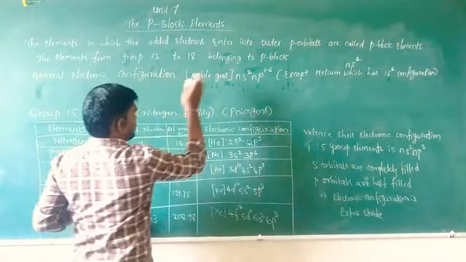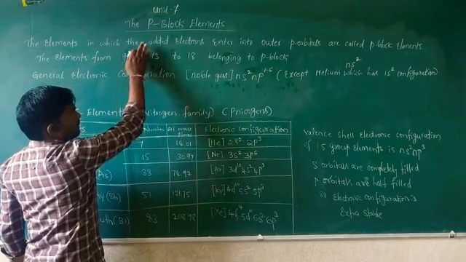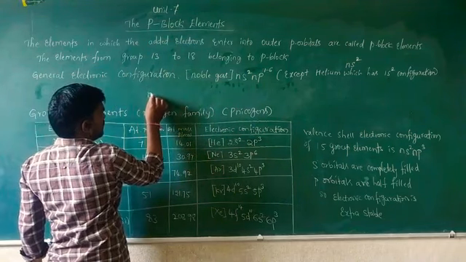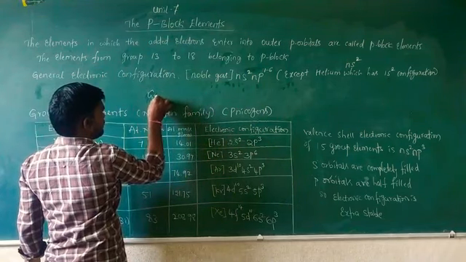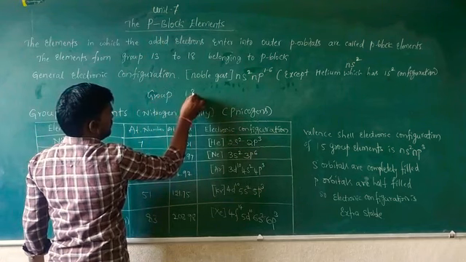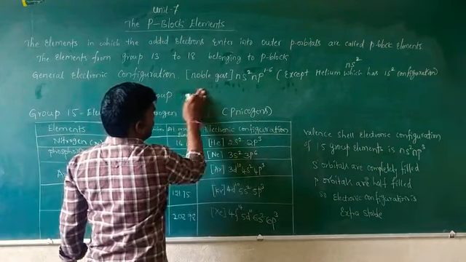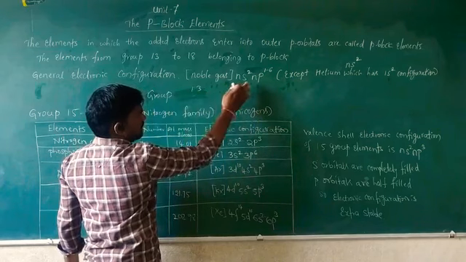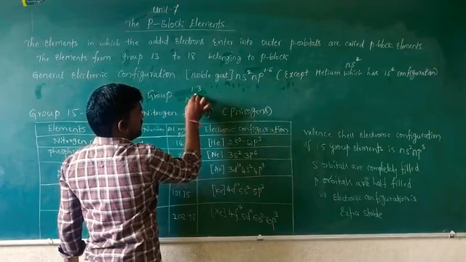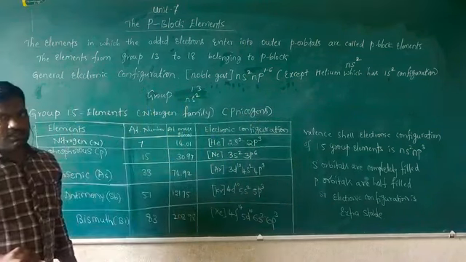For example, the p block starts with group 13. For group 13, in the general electronic configuration, the s orbitals are completely filled, ns2.